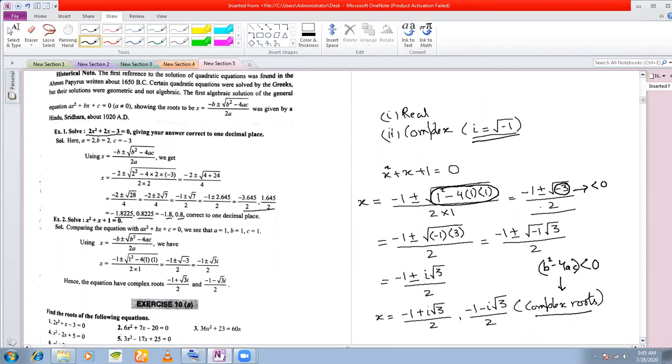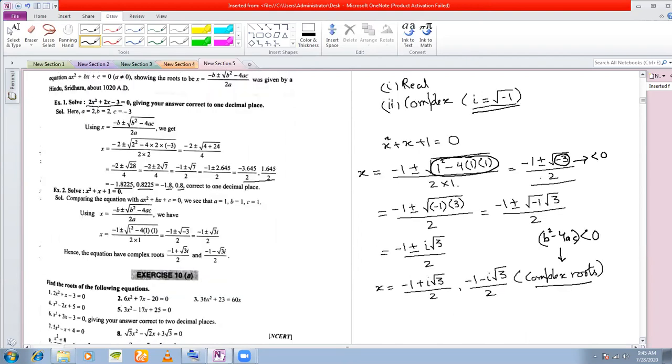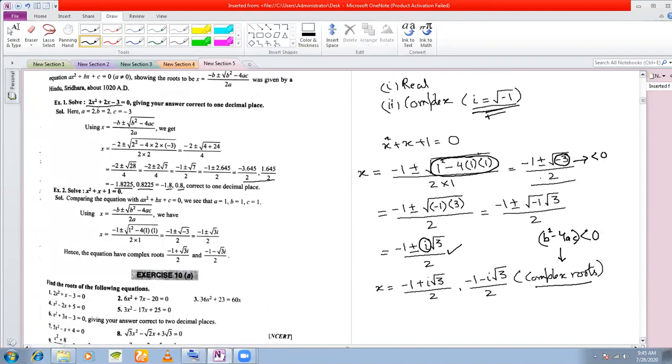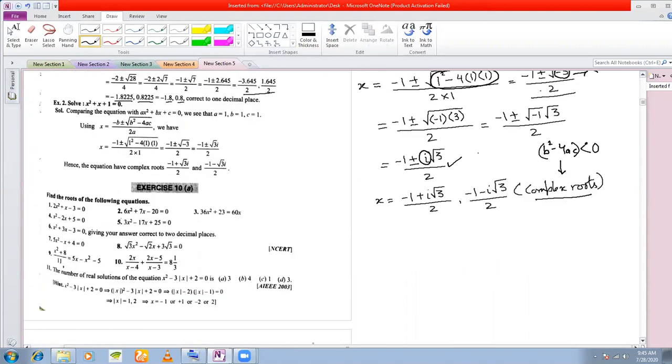And in order to solve equations which have discriminant less than 0, we use this concept, minus 1 plus or minus, and then we introduce this i, where i is the square root of minus 1. So that is what we mean by complex roots, which you have not done in your class 10.